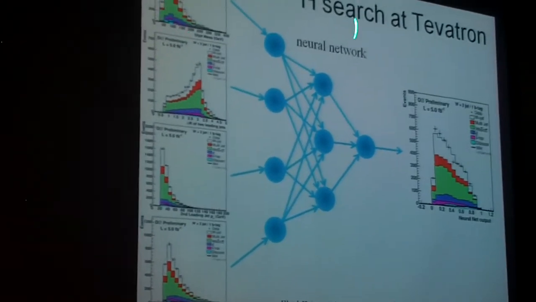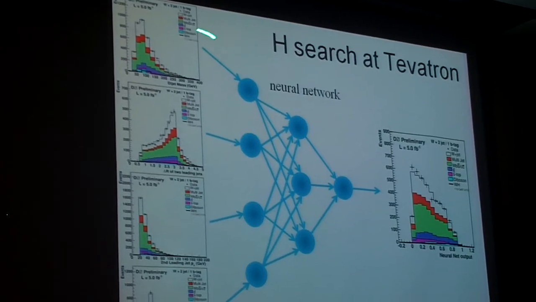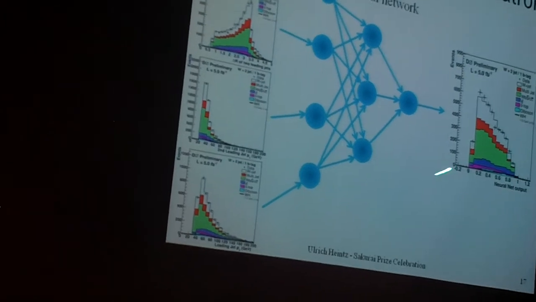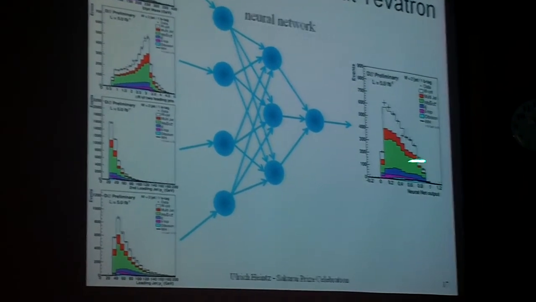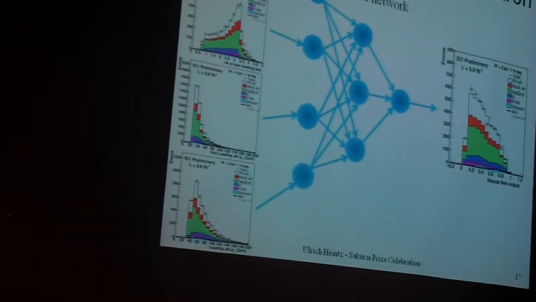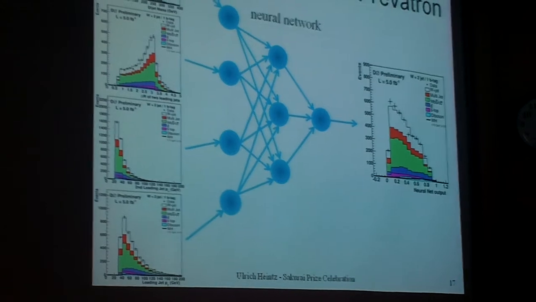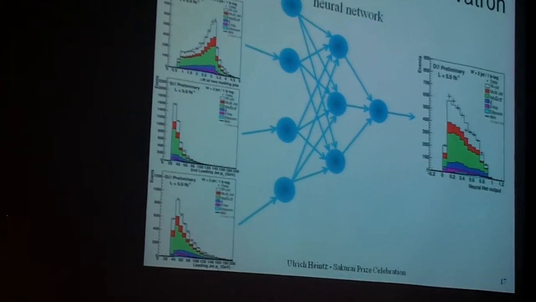A neural network is just a nonlinear mathematical representation of a function that convolutes all these inputs, and you train it such that it spits out a number that's small, near 0, if the event is like the background, and it spits out a number that's near 1 if the event is like a Higgs signal.